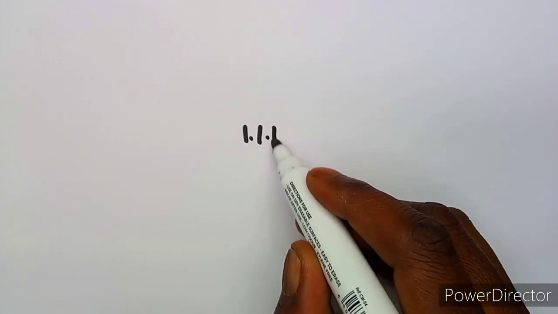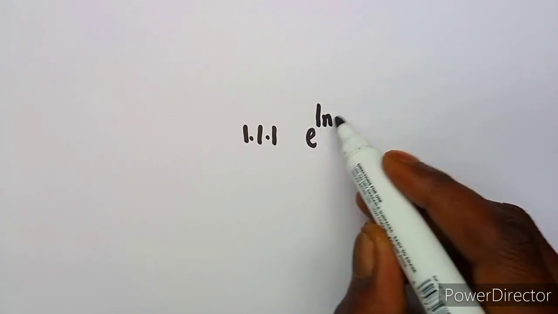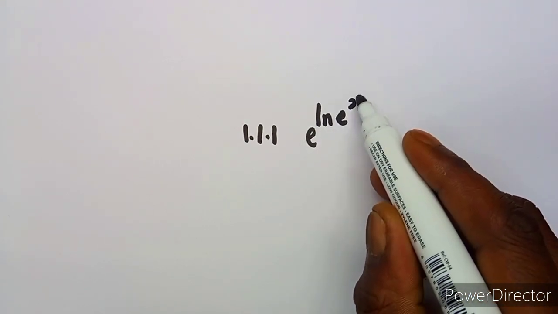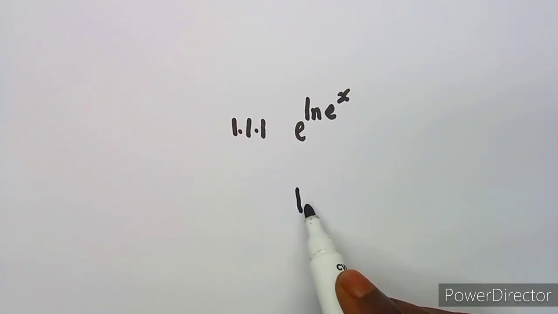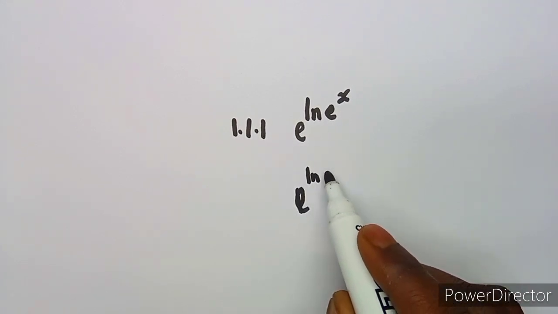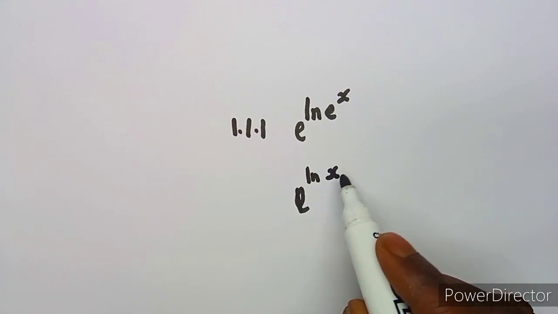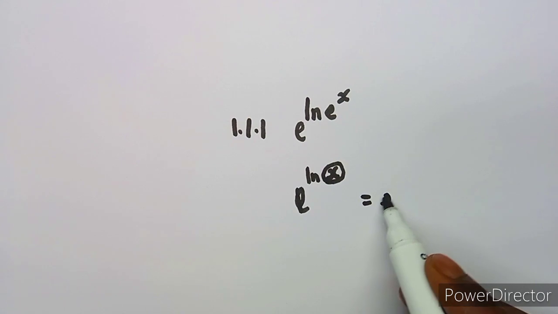So what do we have there? e to the exponent of ln e to the exponent of x, like that. How can we simplify that part? All right, we know that whenever we are given e to the exponent of ln x, like this, if it is a certain term like that, it is going to give us x.